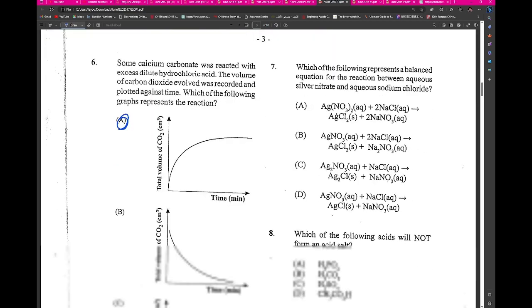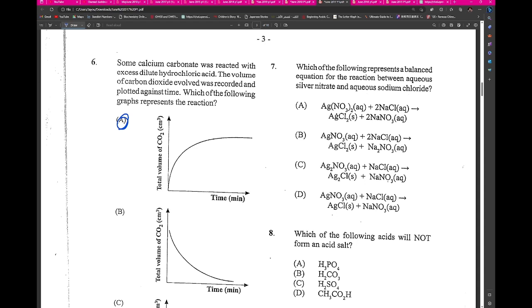Number 7, which of the following represents a balanced equation for the reaction between aqueous silver nitrate and aqueous sodium chloride? So the reaction between silver nitrate and sodium chloride would produce silver chloride, right?